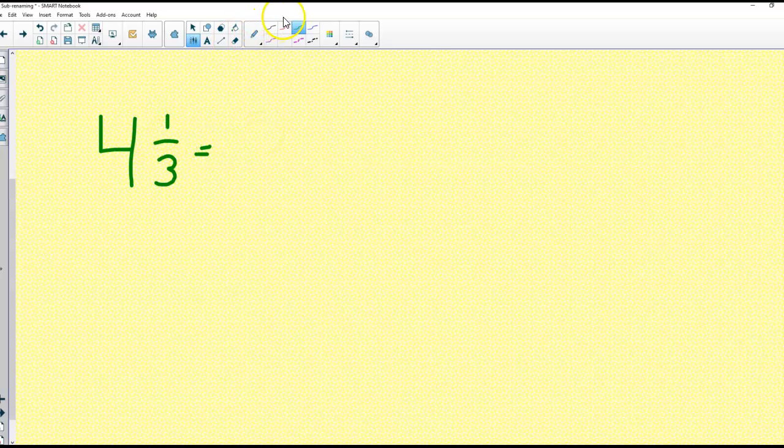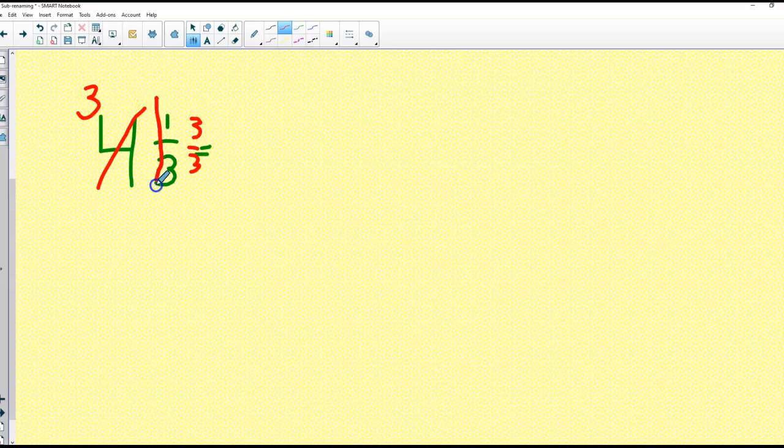We're going to borrow a whole from our whole number here, like you would in normal subtraction. We're going to borrow one whole. Now, I can't just lose that whole. I have to put that whole somewhere. So 1 whole would also be 3/3.